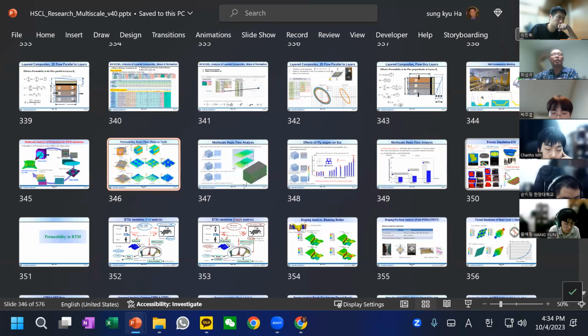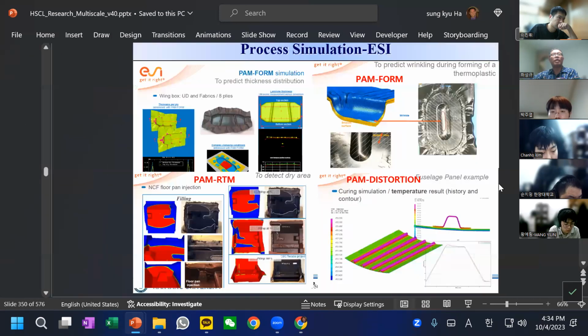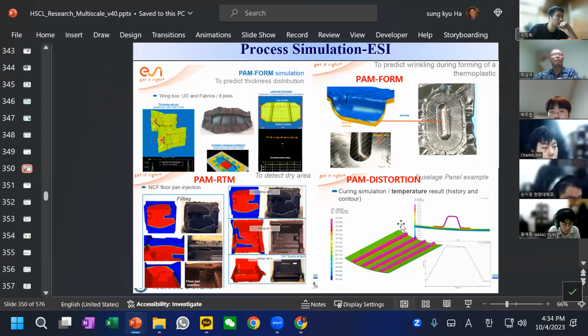And then curing or consolidation, and then you can make many different types of composites. So there is a very famous composite tool called the process simulation tools, usually called PAM-RTM.